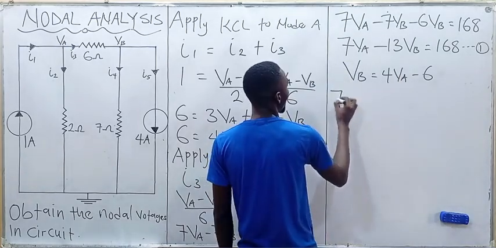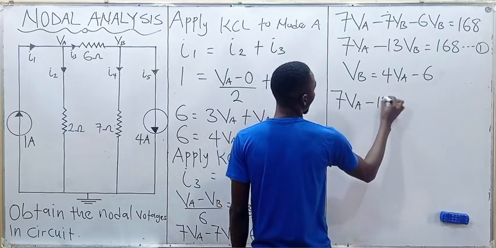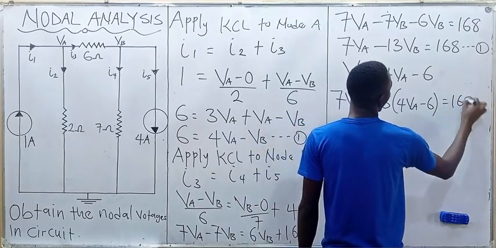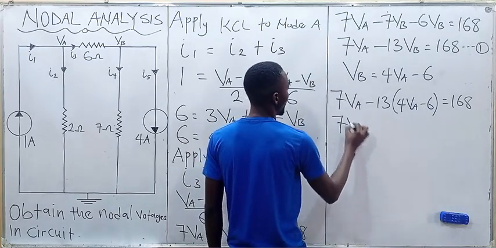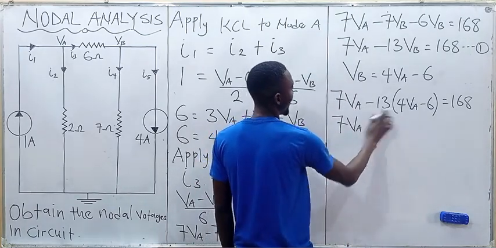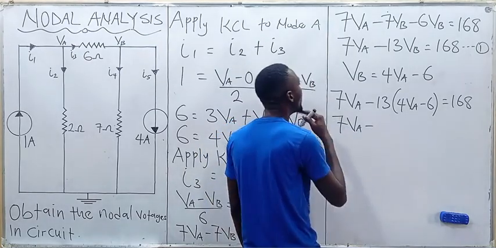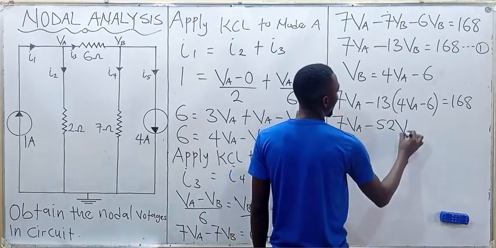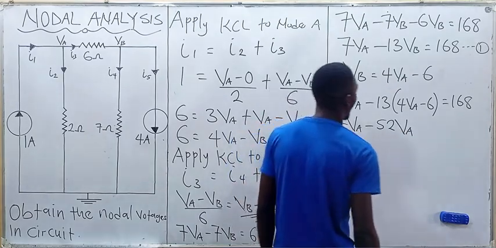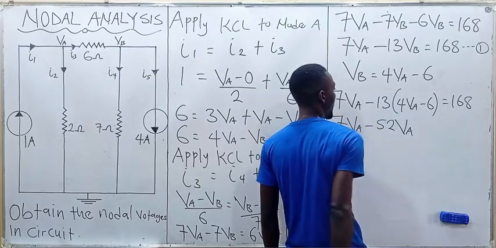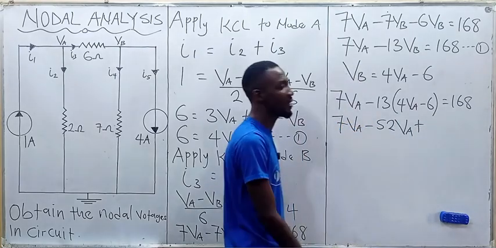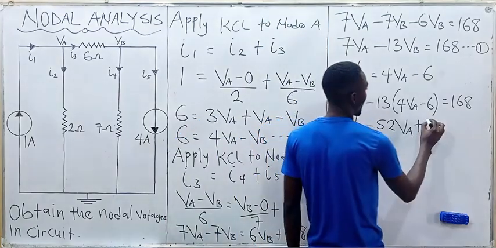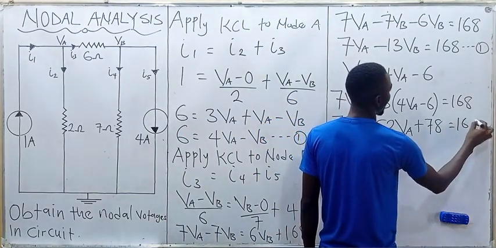So this is going to be 7VA minus 13 times (4VA minus 6) equals 168. 7VA minus 13 times 4VA, that is 52VA. Then 13 times 6 is going to give us 78. So we have plus 78 here equals 168.